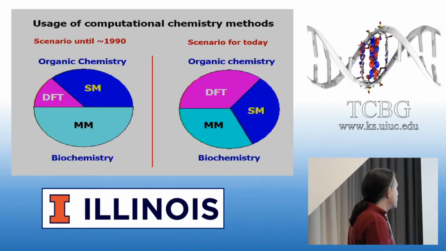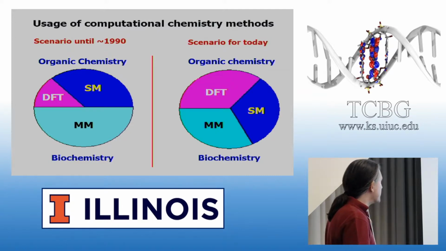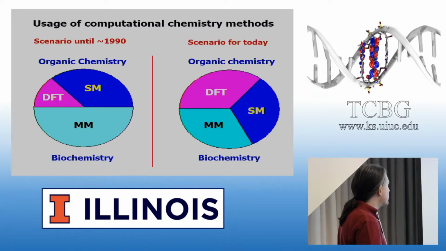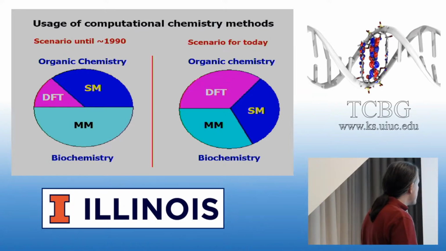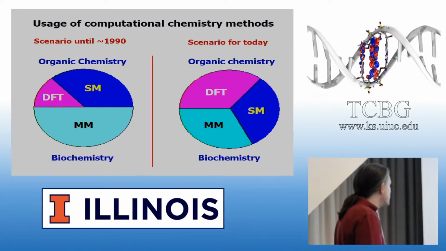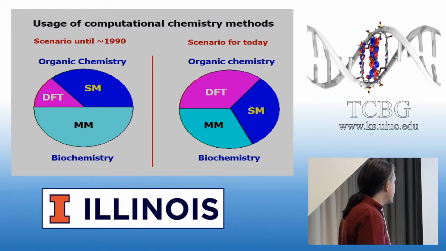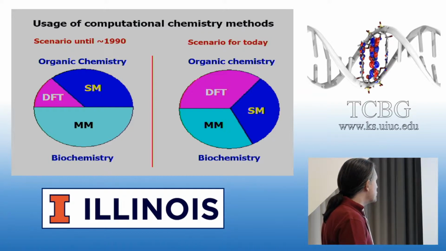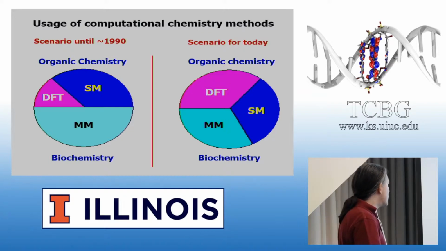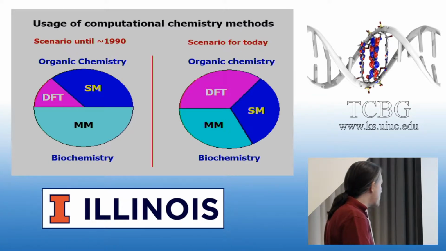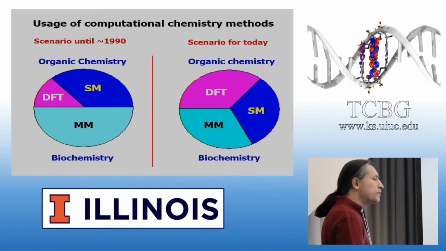That slide shows the scenario of the quantum chemistry methods until 2019. If you studied some system in organic chemistry, the methods you used were semi-empirical ones and DFT.